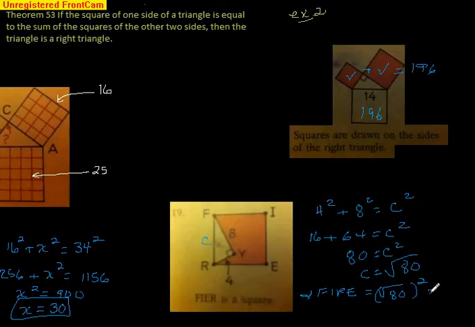So the area of that square equals 80. And then we have to subtract off the area of the triangle. That would be 1/2 times base times height. The height would be the altitude, which would be the right angle. So it would be 8 times 4. So we would subtract that off, and we would get 80 minus 16.